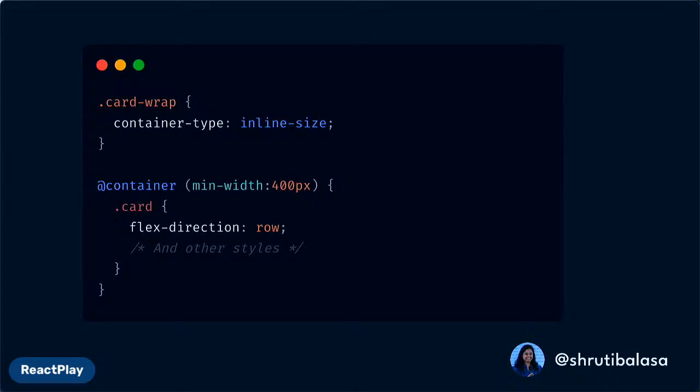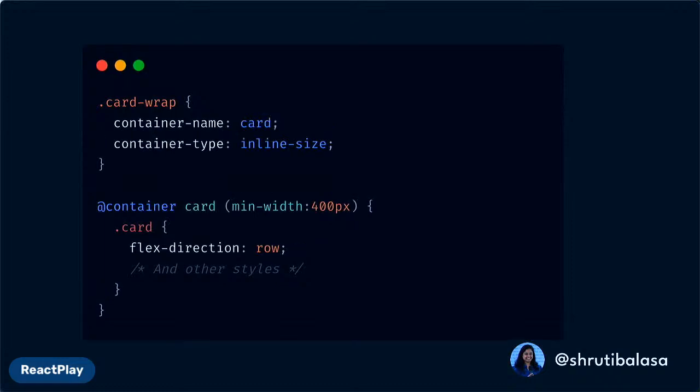And now in the very near future, we're going to have a lot of such containers, because this is just the main section and one card. But in your entire website, you might have different containers with different widths that you want to query and accordingly change some styles. For that, you can even give this container a name. For that, the property is container name, and you can call it anything. So, for example's sake, we've just taken it as card.